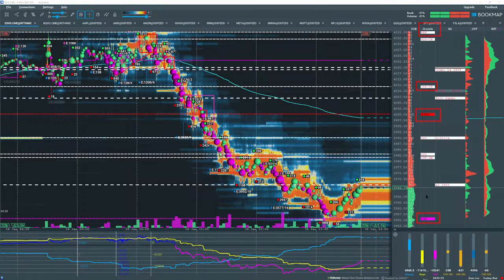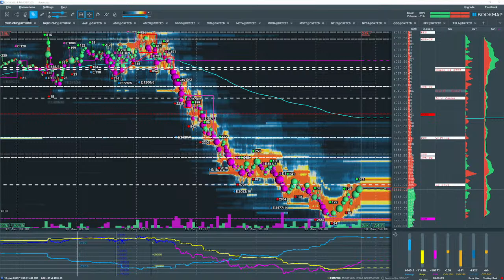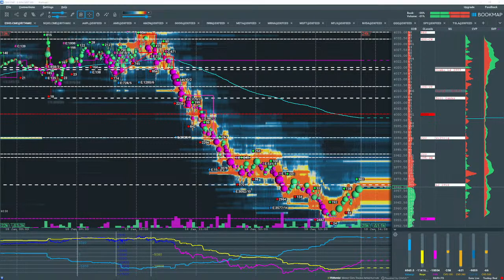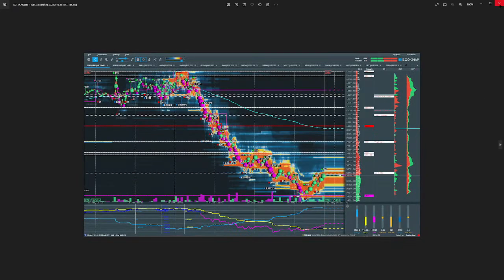And JEC asks, can we get a screenshot of your levels? It's hard to read the text, so you want a screenshot of ES here. I assume that's the case. Let me clean this up. I'll do a quick screenshot. And I'll post this in Discord, so give me just a moment here.